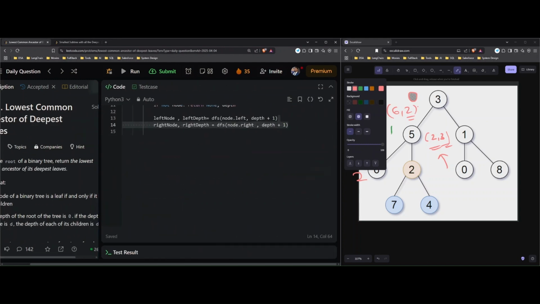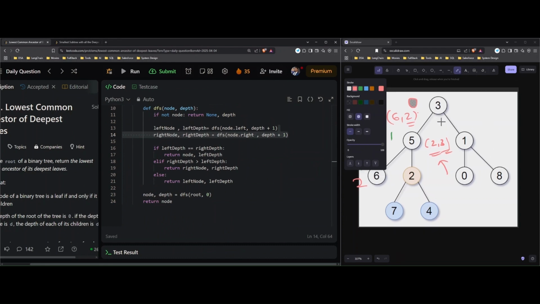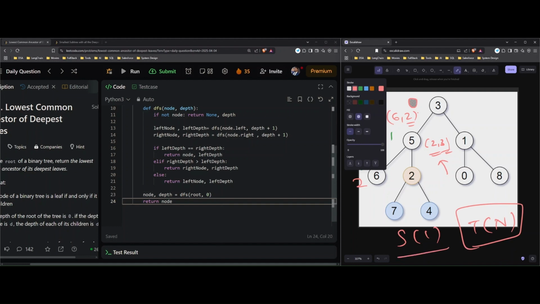Why? We are just traversing the tree just once, doing the DFS only one time, right? And we are not using any array or any storage. So our space complexity would be big O of 1, and our time complexity would be big O of n. So this is about the time and space complexity.